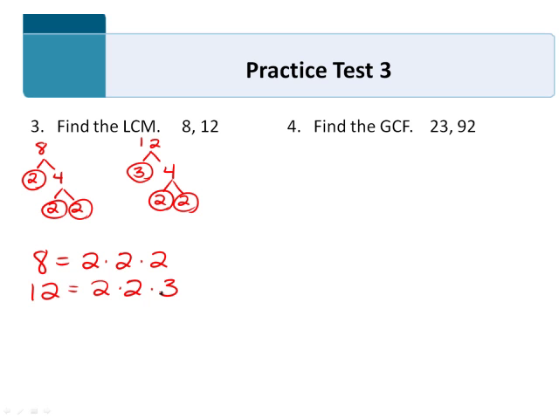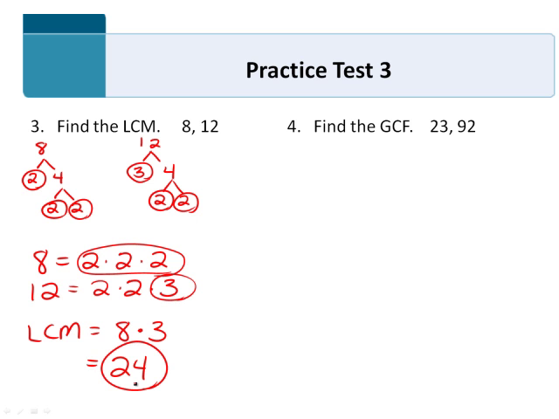You have to find the biggest number of 2's, which would be here on the top, all those 2's, and the biggest number of 3's would just be the 3 in the bottom. So I circled the whole top line. 2 times 2 times 2 is 8, times 3 would give me 24. And that's the least common multiple.